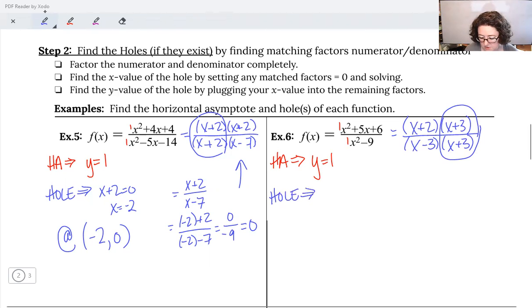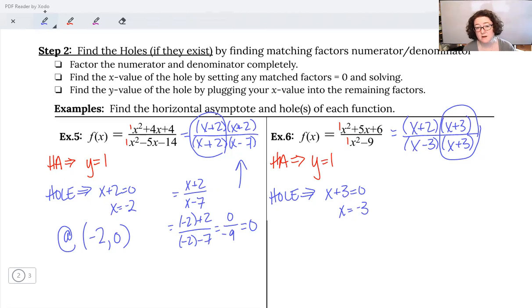And that hole is going to occur when x plus 3 equals 0, aka x equals -3. If I plug that -3 into that factor, the problem is in the denominator, that would create a 0, and we can't divide by 0. That's undefined. So let's test where that leaves us with a y coordinate.